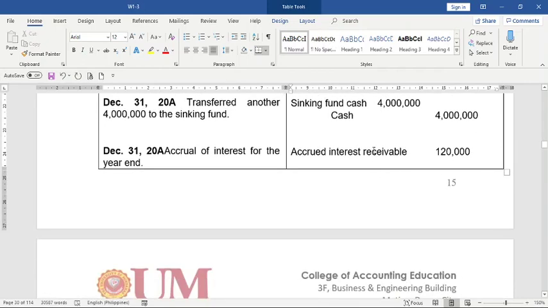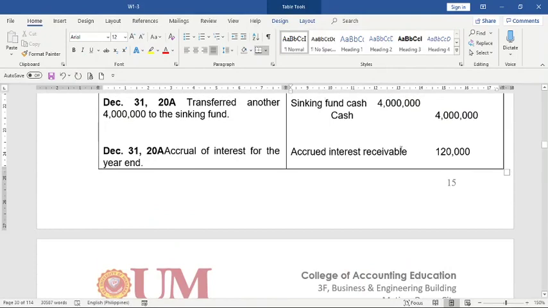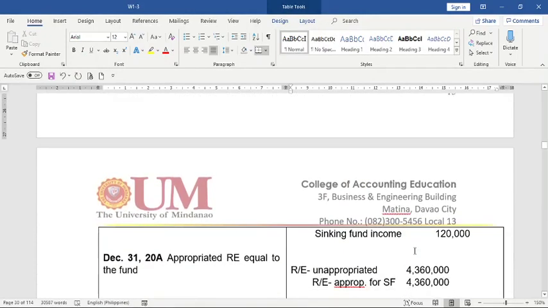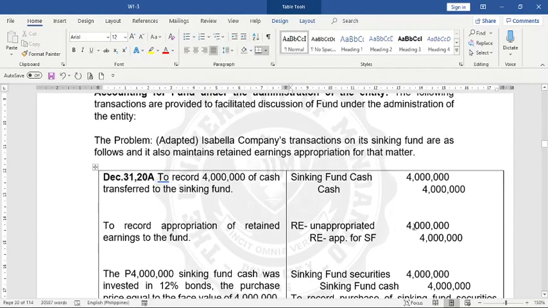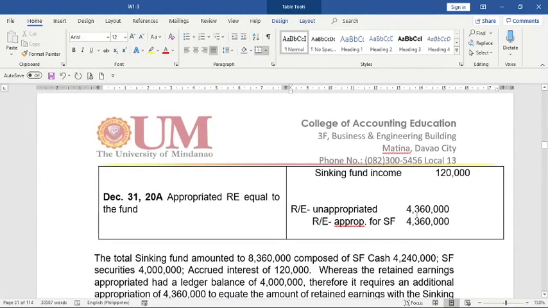And ayaw kalimot, accrued interest receivable 120. So we have 8,360,000. Pero yung i-appropriate natin is 4 million. So kulang ng 4,360,000. Okay?